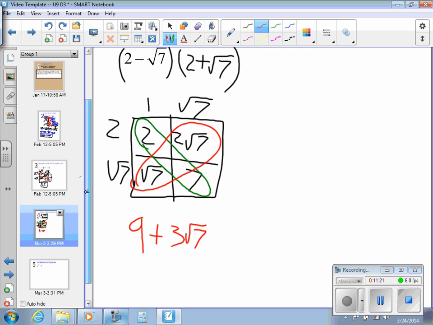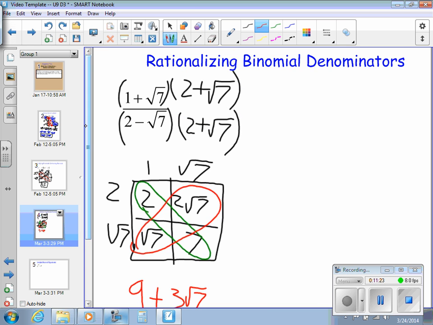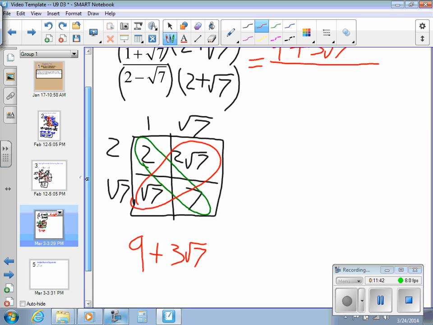So I've got 9 plus 3 times the square root of 7 for the top of my fraction. Let's check and make sure I wrote that right, and yes, I did. Okay, now we get to do the multiplication for the bottom of my fraction here.